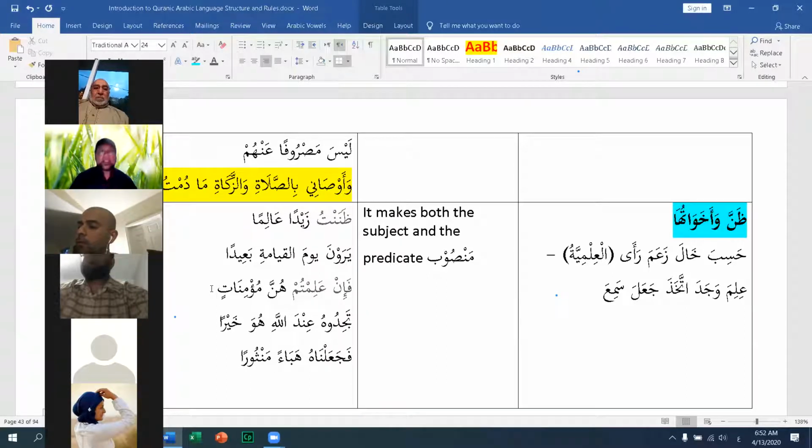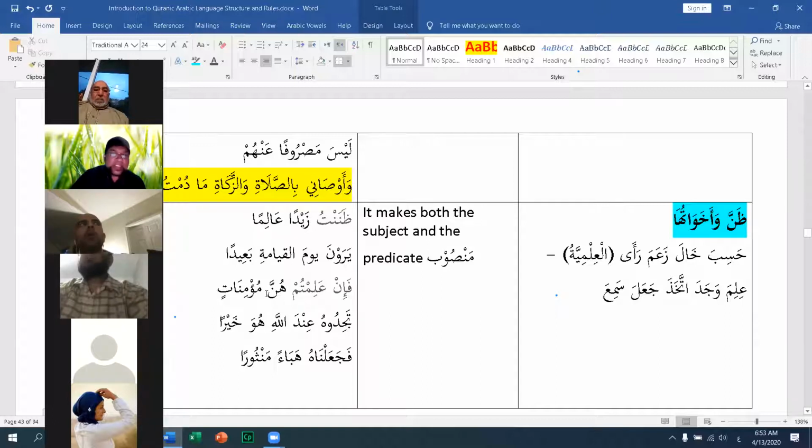So the original form of this sentence would be فَإِنْ عَلِمْتُمْ هُنَّ مُؤْمِنَاتٍ. So what happens here is both the mubtada and the khabar become mansub. Now, the mubtada doesn't become mansub, it becomes in a state of nasb. So now with the way we will do i'rab of this, we would say علمتم فعل ماض مبني على السكون دخلت على جملة اسمية فنصبت المبتدا اسما لها والخبر خبرا لها.